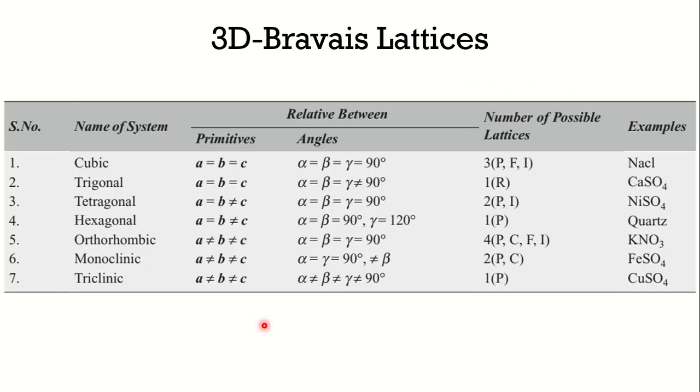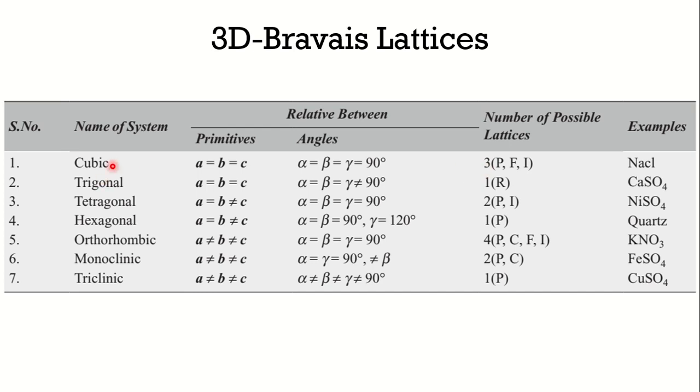Now as I said, there are 14 types of Bravais lattice. There are 7 systems: cubic, trigonal, tetragonal, hexagonal, orthorhombic, monoclinic and triclinic, and for each of these systems there exist some types. For example, for cubic there are three types: simple cubic, body centered cubic and face centered cubic.